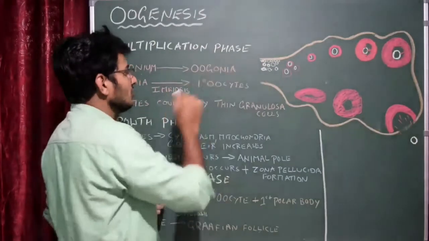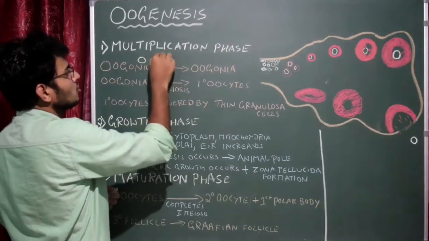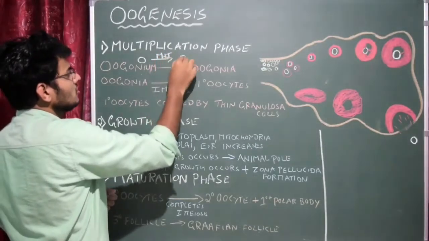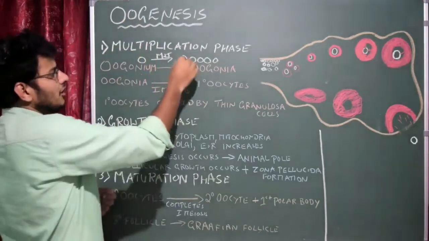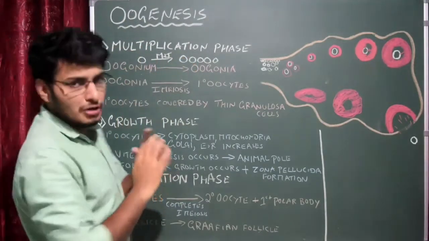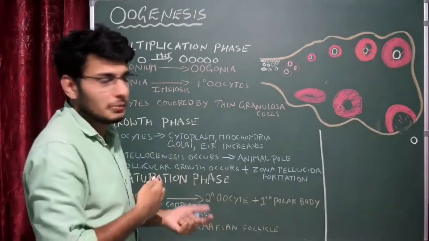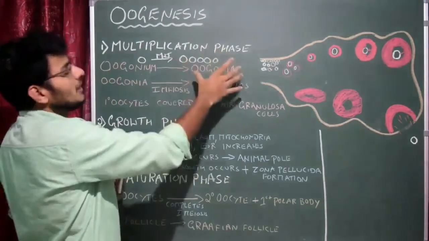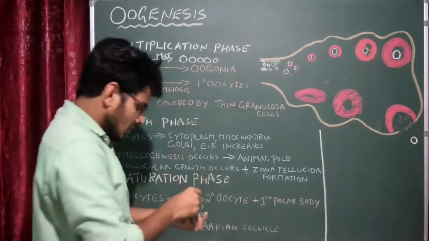For example, this is one oogonium cell which undergoes mitosis, and I'll write mitosis, and produces so many oogonia cells. If I talk about one oogonia, it is called oogonium. That's it, nothing else. It is actually a preparatory phase, like preparation is going on. Once several oogonium cells are produced, you see here what happens.